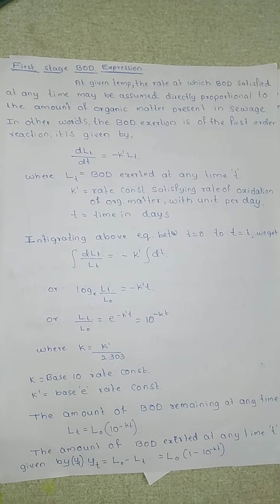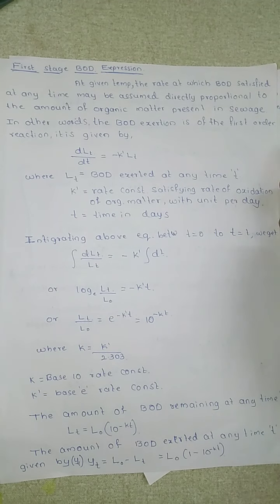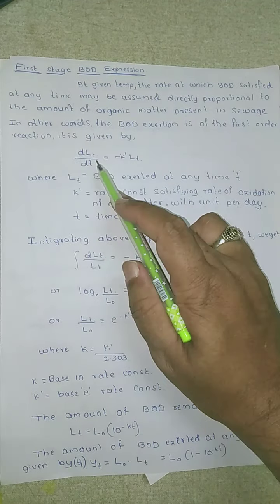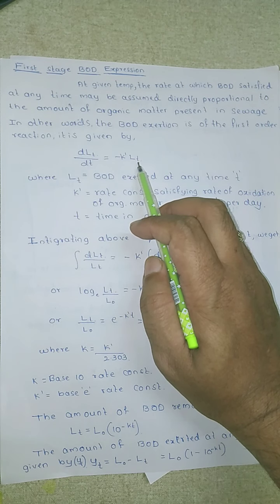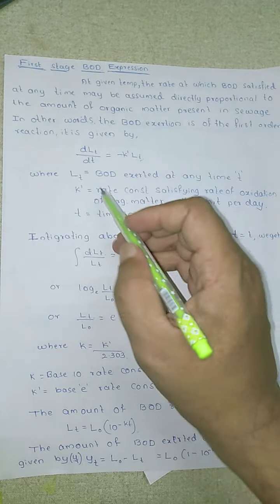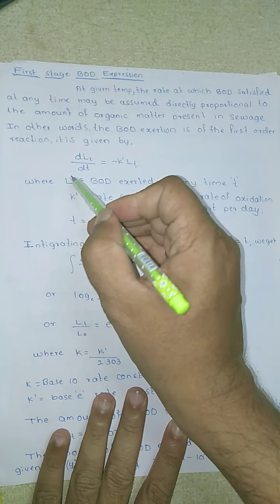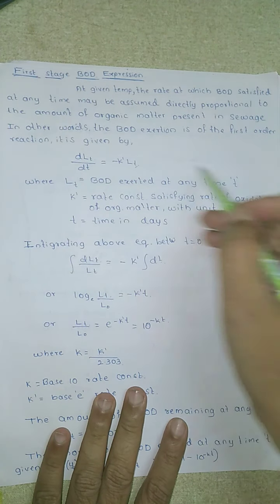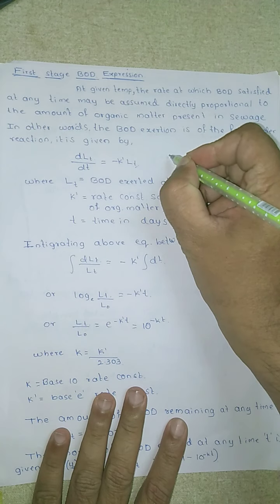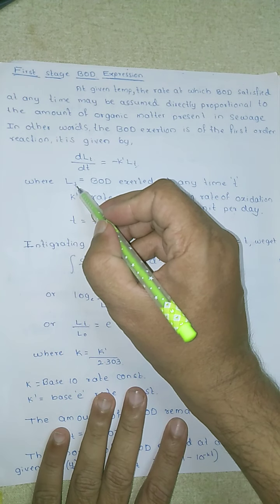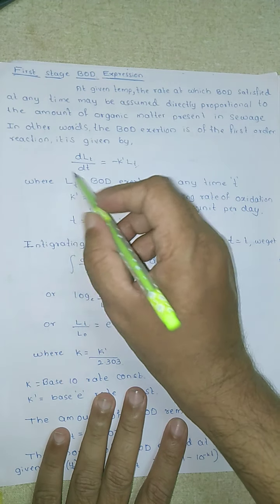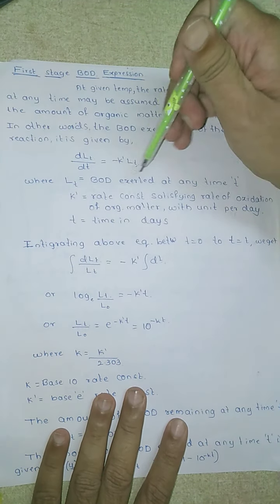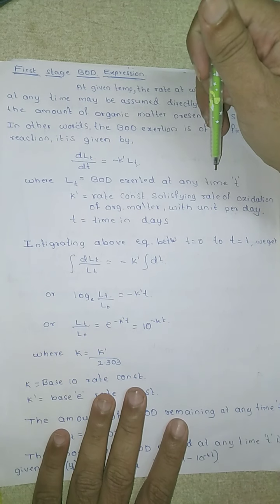The BOD exerted at first order is given by dLt divided by dt is equal to minus k dash into Lt, where Lt is the BOD exerted at any time. Suppose BOD is exerted after 5 days, so Lt is L5.